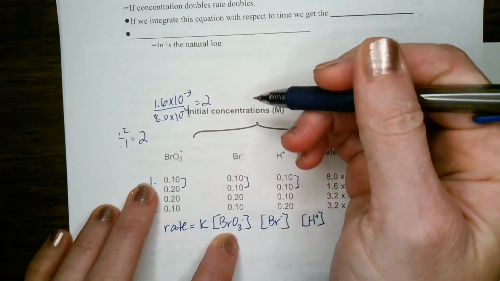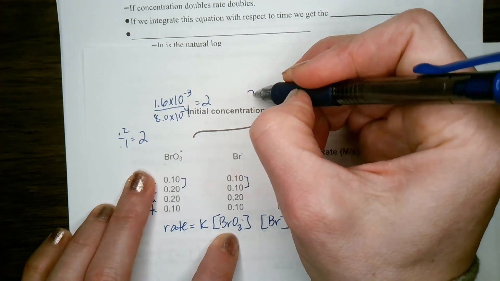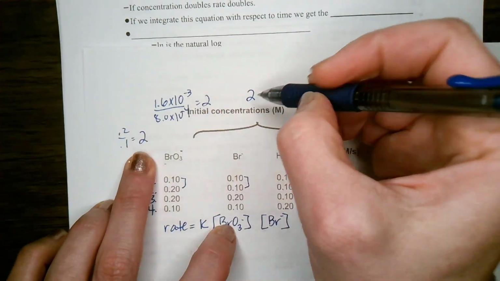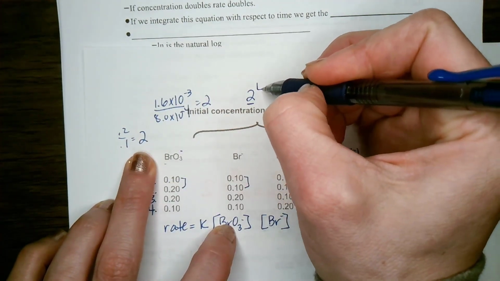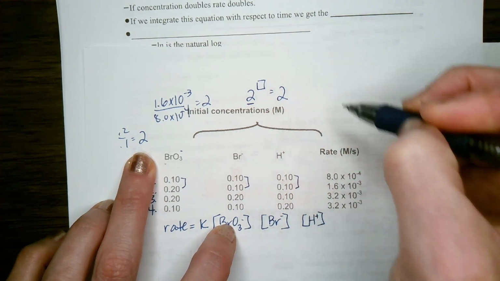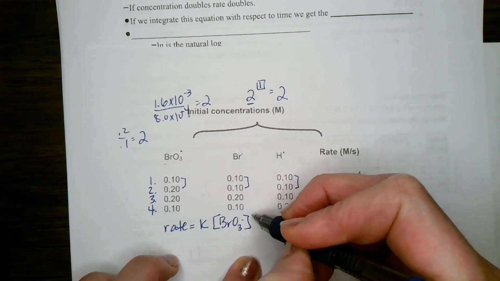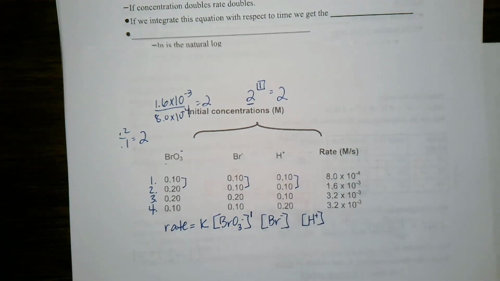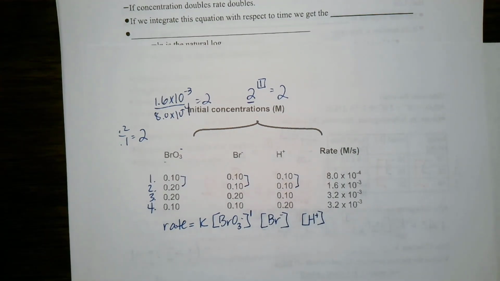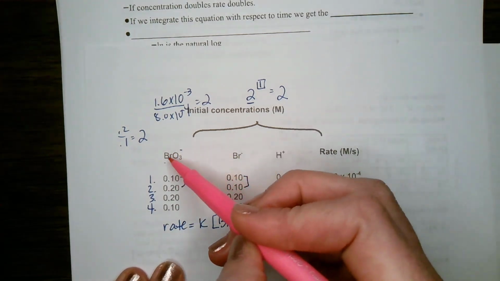And we see that it doubles. So again, setting that up, this is for BrO3. When concentration doubles and my rate doubles, that must be to the order of 1. So I'm going to put a 1 in down here.